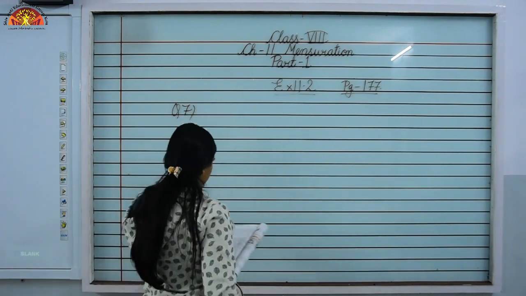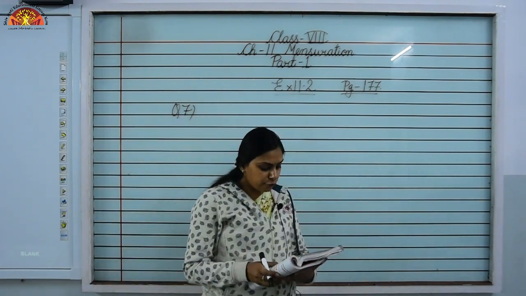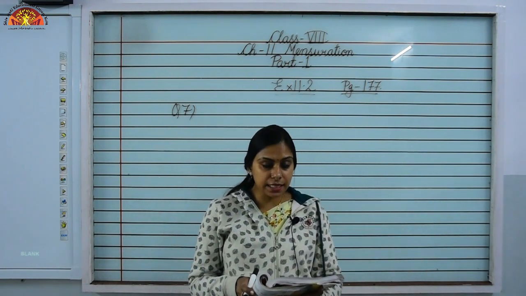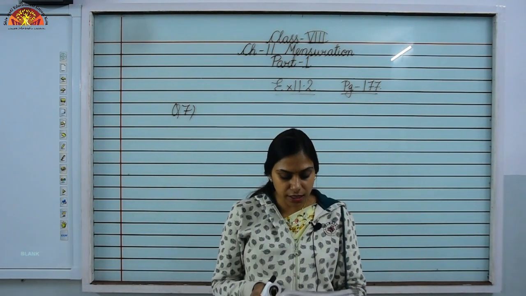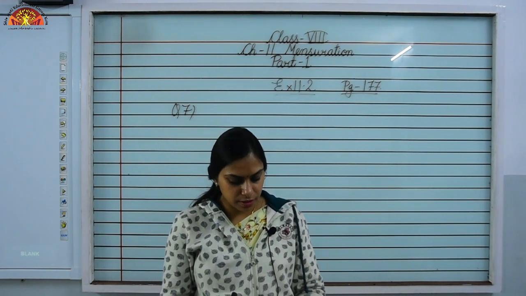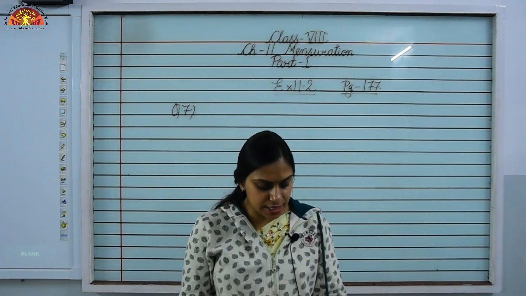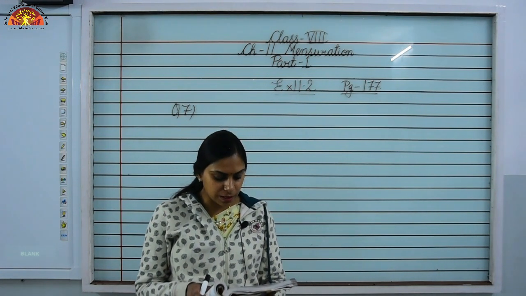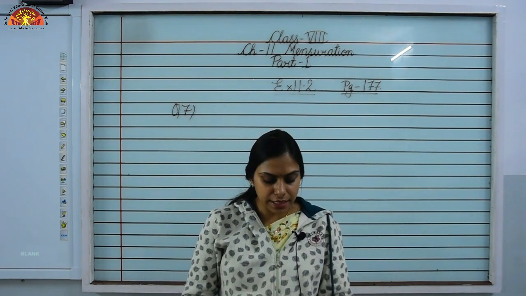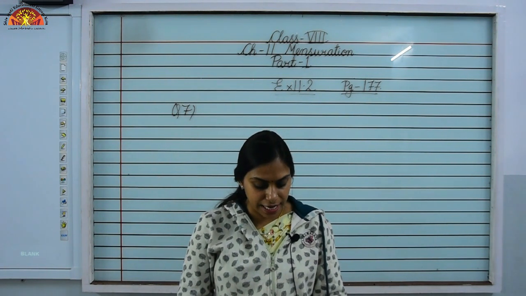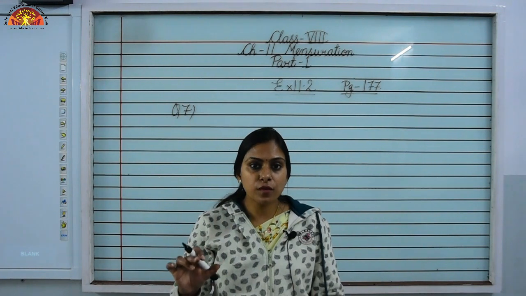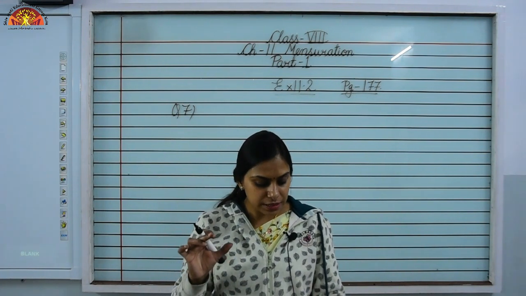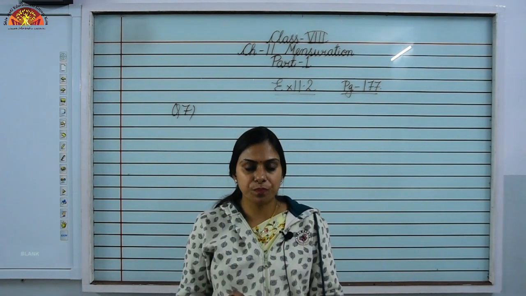Question number 7. Now, the floor of a building consists of 3000 tiles which are rhombus shaped, and each of its diagonals are 45 centimeter and 30 centimeter in length. So what is given? That the floor of a building consists of 3000 tiles and the dimension of one rhombus shaped tile is given to you. Is it clear?